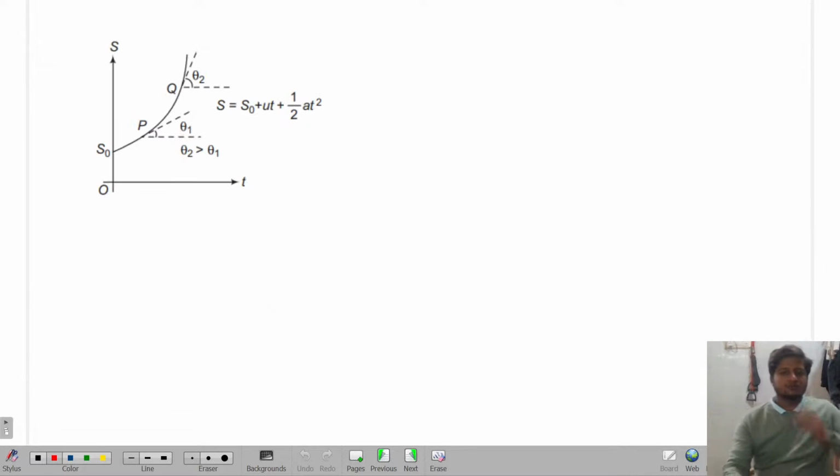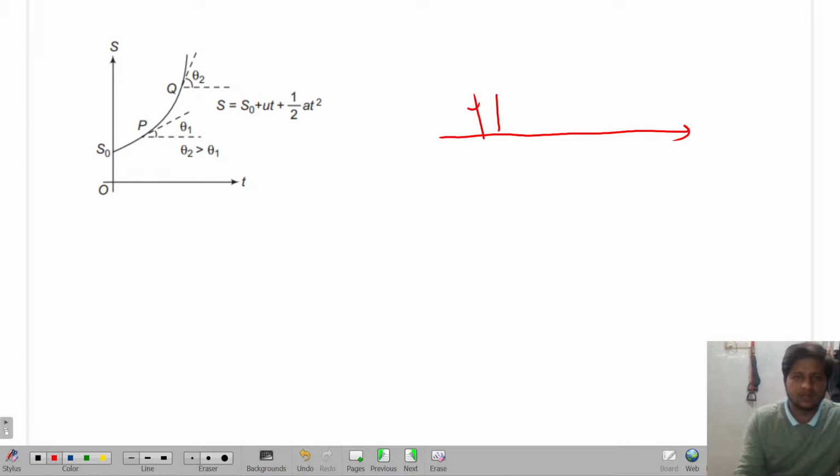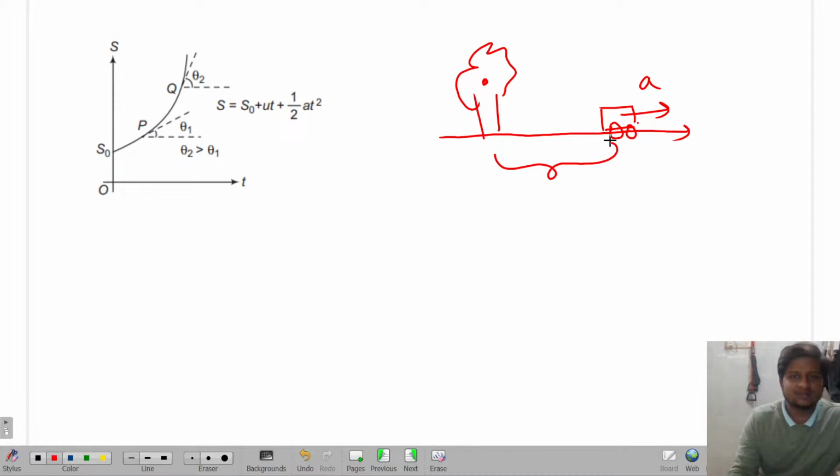Now let us consider that I have a plant and I have a car over here. From this point, the car starts to accelerate and the observer is sitting at this point. What he is going to say is that initially this car has some displacement s naught, yes or no? After that, it has acceleration.